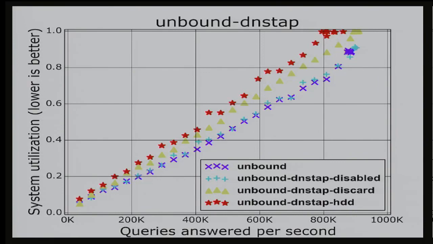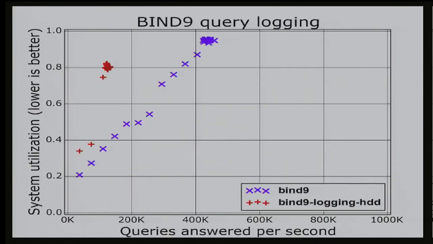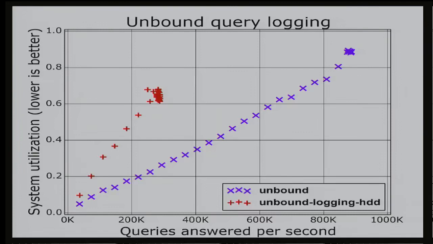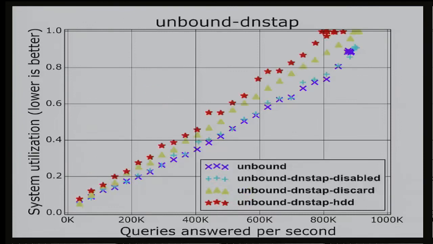And then the top one is enabled and generating log messages, and there's a separate process receiving the dnstap messages and writing them to disk. And in contrast to the query logging plots, it mostly manages to deliver a similar performance, but with additional CPU usage. The behavior is much closer to the base case with this implementation.